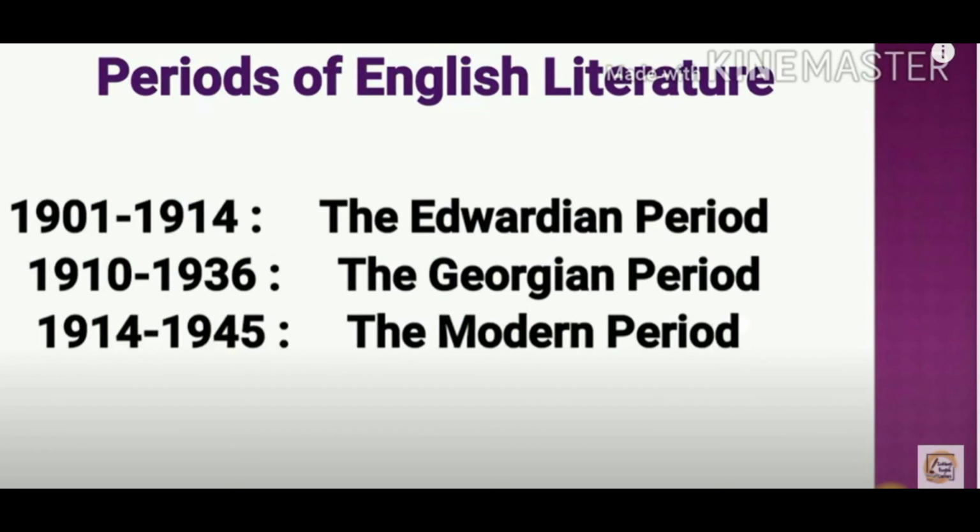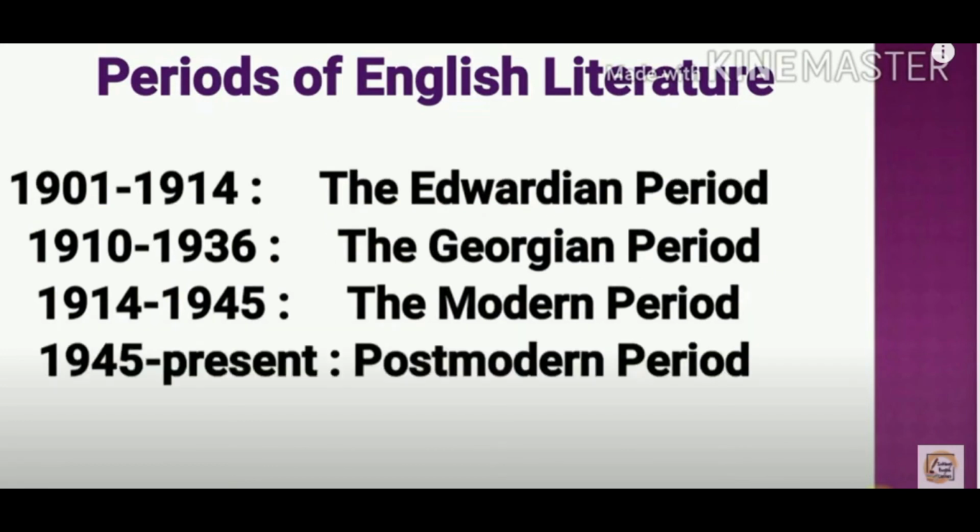Okay, the next period in our list is the modern period. When we talk about the modern period, we also have to talk about the postmodern one. Modernism and postmodernism are terms that have undergone relative change in the recent past.